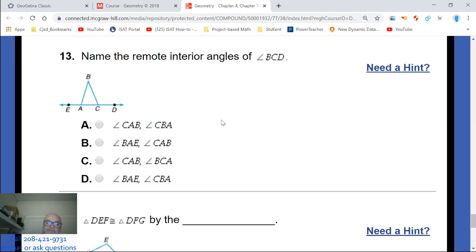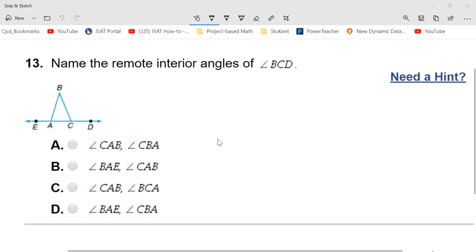Let's make sure, because we just barely started talking about this a little bit ago. I think it's good for us to actually refresh this again. This concept of a remote interior angle is a good one, okay? So when I look at the remote interior angles of this triangle and that particular angle BCD, this is the exterior angle, right?